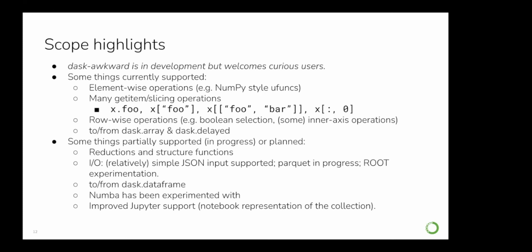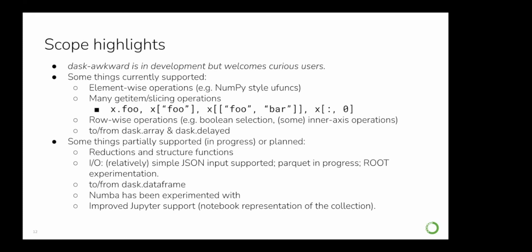So obviously awkward has a wide range of, let's say, top level namespace functions. So things like reductions and structure functions. So things like min and max and mean, or counting the number of elements, things like that.